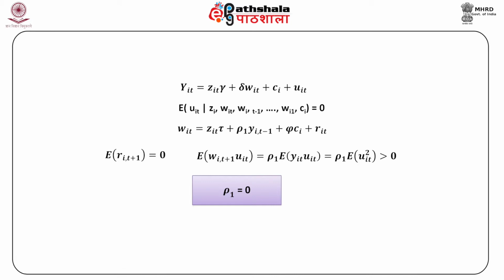K bar must be obtained in a manner that ensures the consistency of sigma_y hat squared.